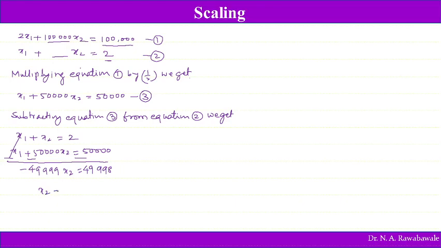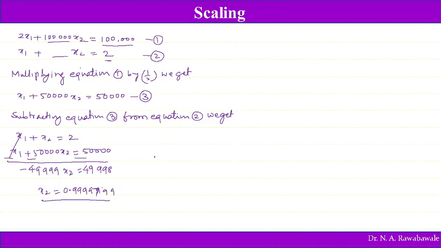So this gives us x2 is equal to 49,998 divided by 49,999. So x2 is equal to 0.9999799. This is the value of x2.